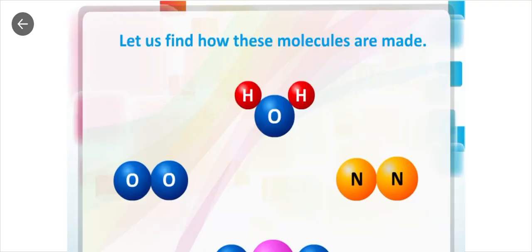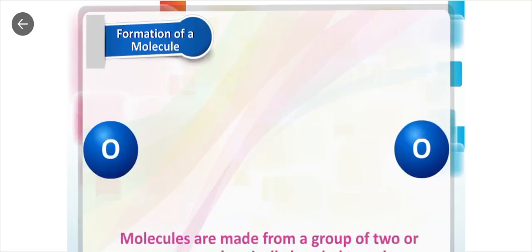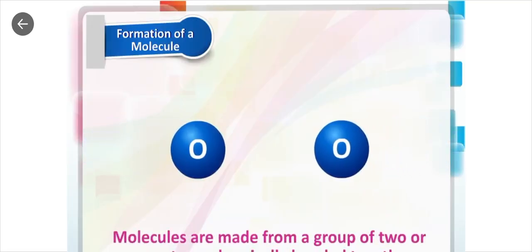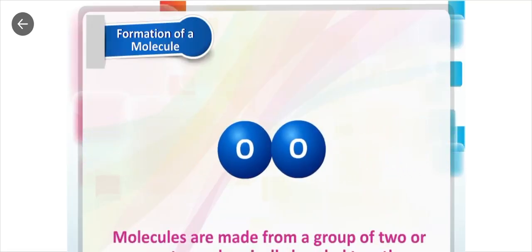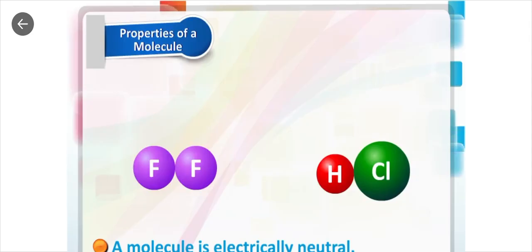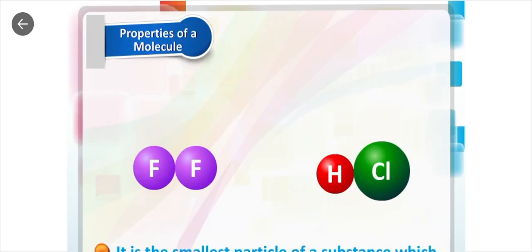Let's find how these molecules are made. Well, molecules are made from a group of two or more atoms chemically bonded together. A molecule is electrically neutral. It is the smallest particle of a substance, which shows all the properties of that substance, and yes, it can exist in a free state.